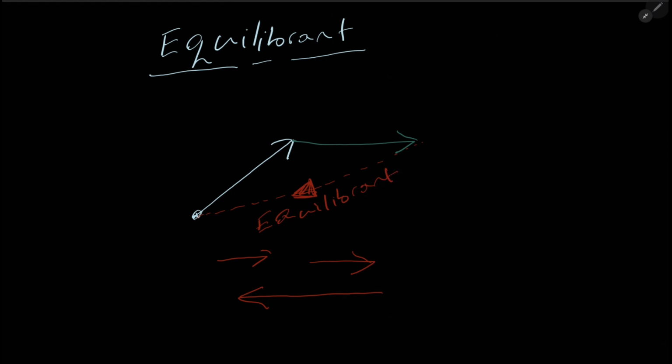So we have our forces here, F1 and F2, force 1 and force 2. We have our resultant, and then we have our equilibrant, which is basically pointing in the opposite direction. The equilibrant would basically bring the system back to being balanced, being stable.